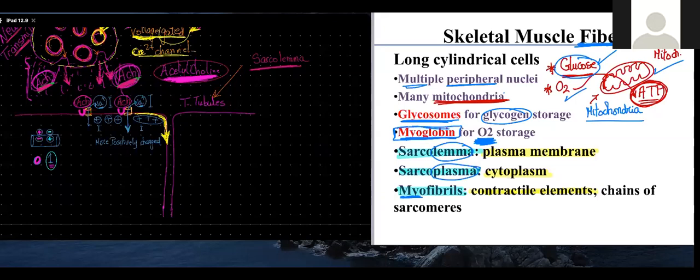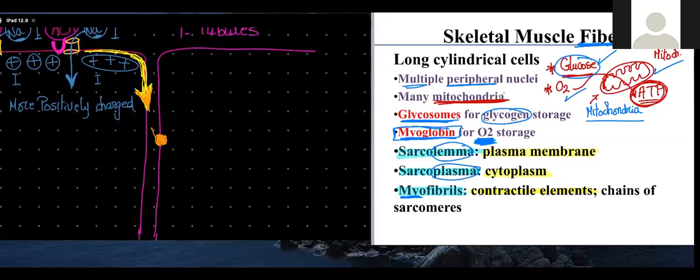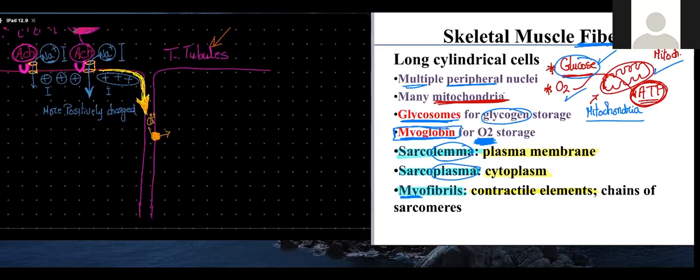In the T tubules, you're going to have another voltage-gated calcium channel. Remember, voltage-gated calcium channels open when you've got an electrical impulse. So this electrical impulse is going to open this calcium channel, allowing calcium to pass to the inside, this time of my skeletal muscle, but not directly to the cytoplasm of the cell.